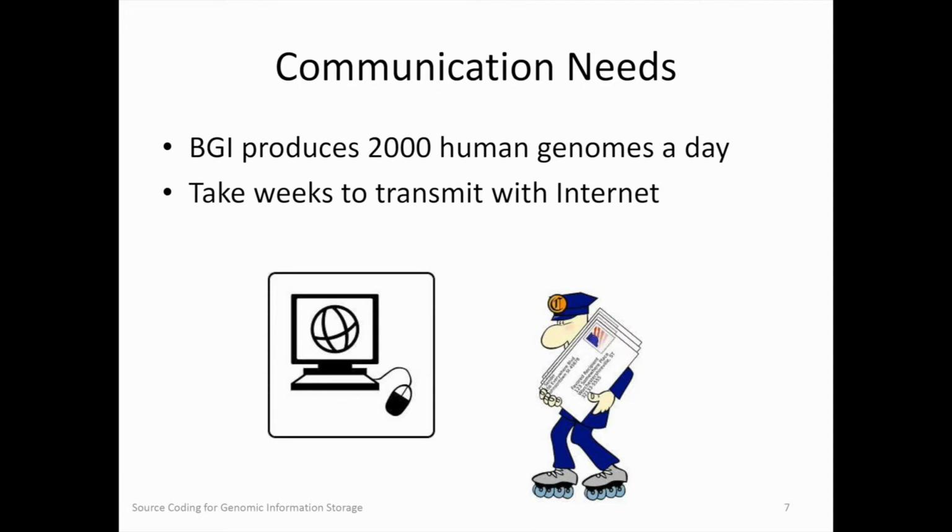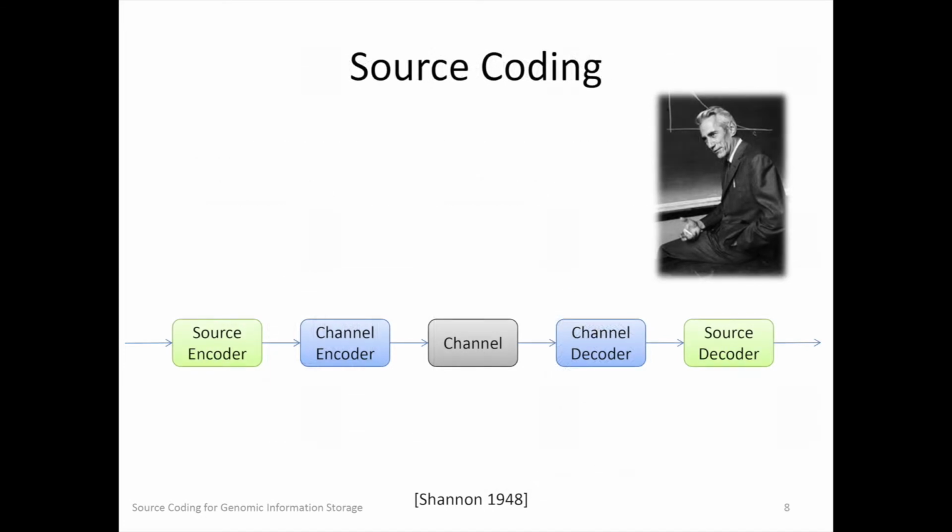As a result, they had to turn to FedEx and ask the postman to physically deliver hard disks to the door of their customers. So from the communication point of view, if we want to deliver information electronically, then compression is not only beneficial, but also necessary. So this raises questions for information theory that trace back to Shannon.